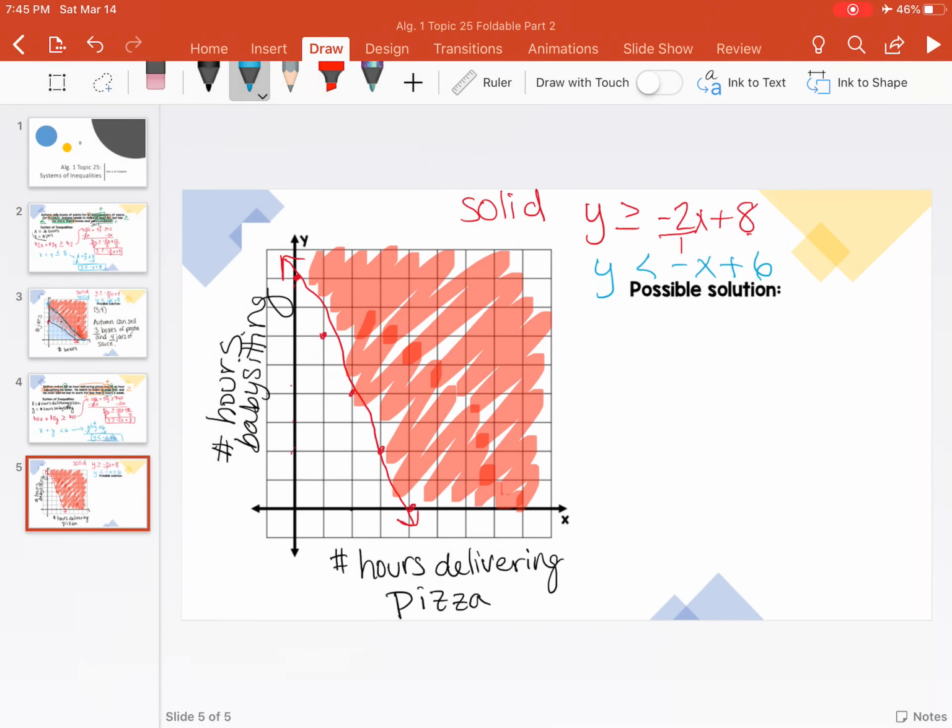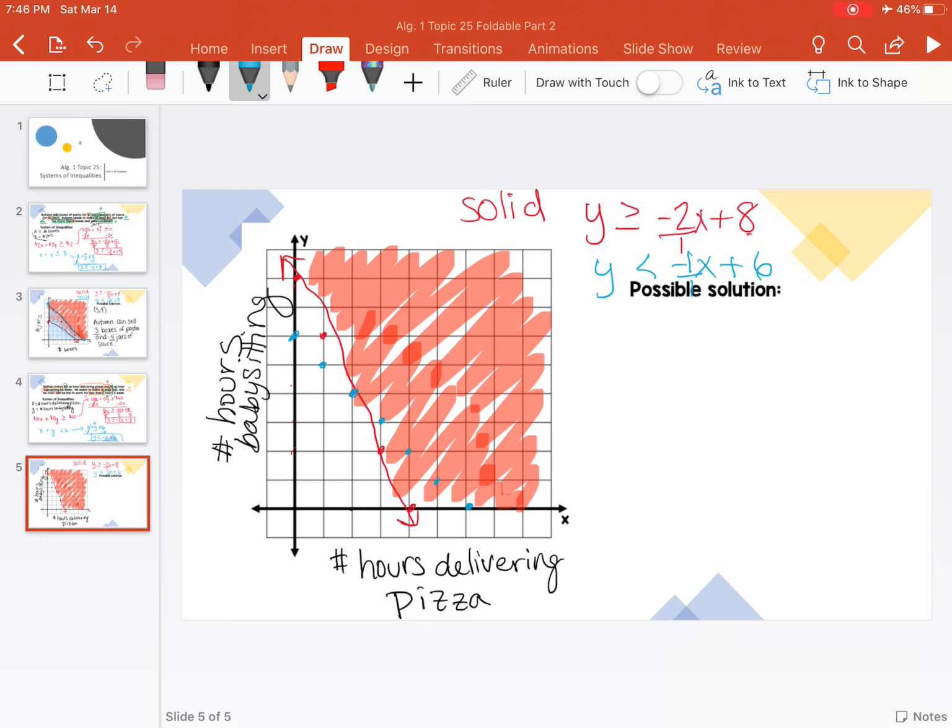And for our other inequality, y is less than negative x plus 6. This is really a negative 1 over 1. So we're going to start at our y-intercept of positive 6. 1, 2, 3, 4, 5, 6. And our slope is negative 1 over 1. So we're going to go down 1 to the right 1, repeating.